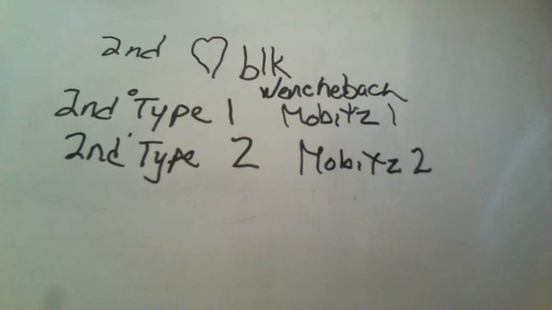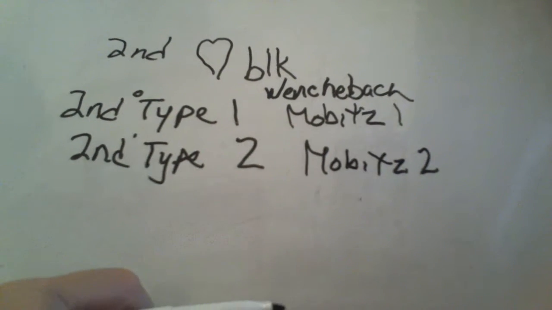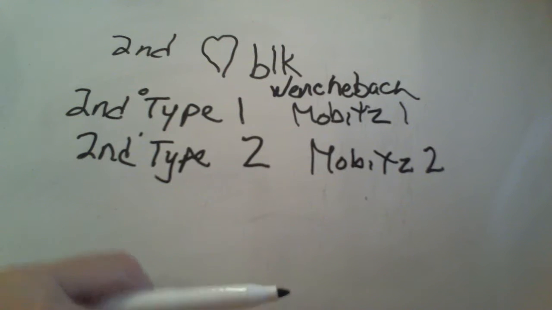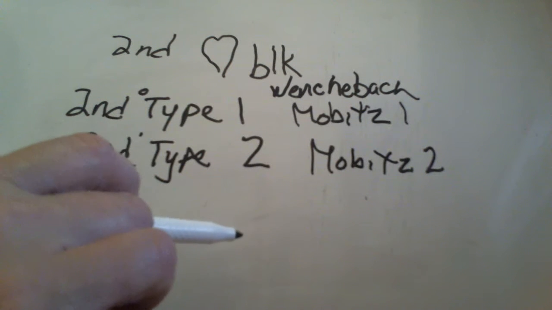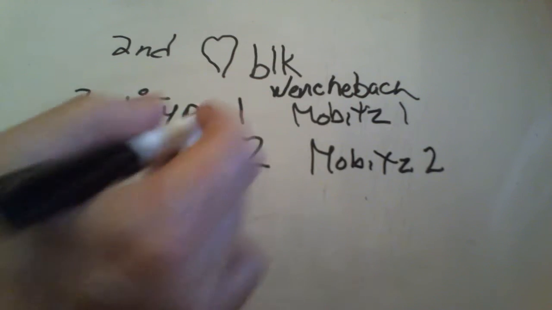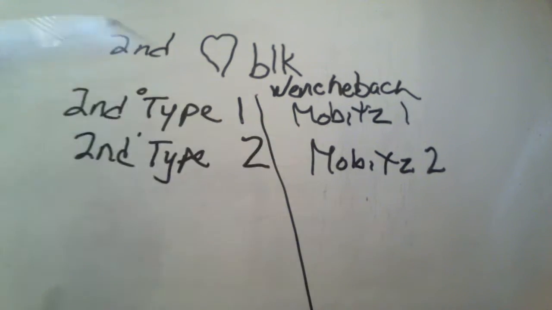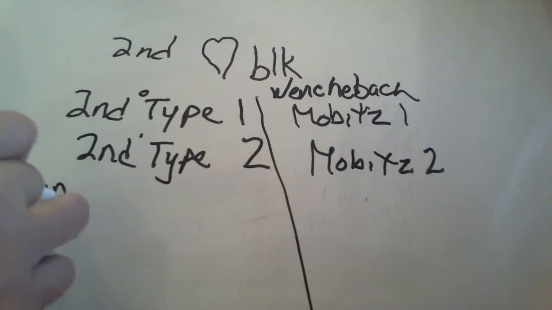But there again, if you just pick second degree type 1 or second degree type 2, you are going to be fine. These other names you do not have to know, but they all are interchangeable. So for second degree type 1, I'm just going to go for type 1 over here. Type 1.